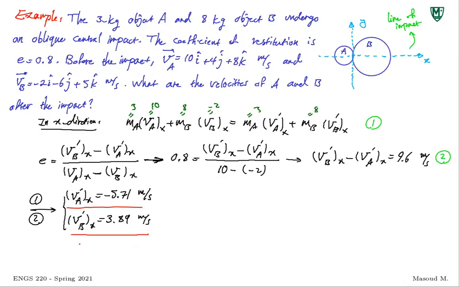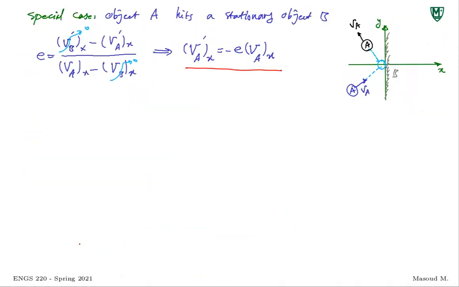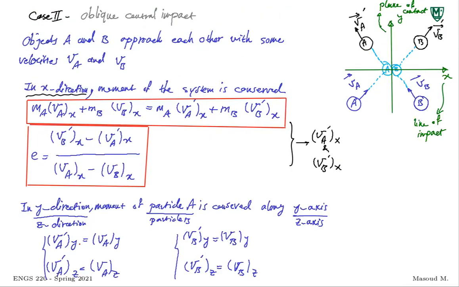All right. We basically used these two equations and found the x components. Now for the y and z components, they are the same before and after the impact, so no calculation is needed. These are the same, for both particles after the impact.